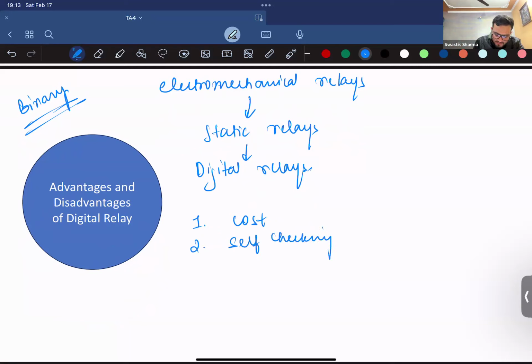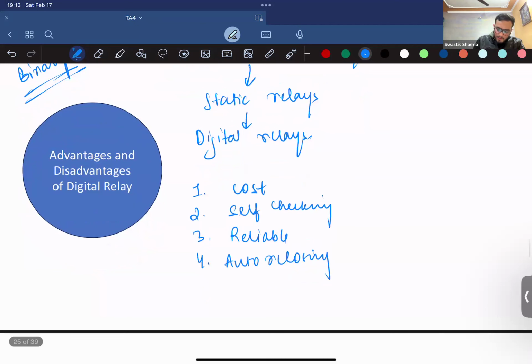What do I mean by self-checking? They can sense the fault and issue commands based on how the fault is happening. So they were reliable as well. We will discuss what reliability is. They were auto reclosing, etc. You can check all of this in the slides as well. But when there are advantages, there are disadvantages as well.